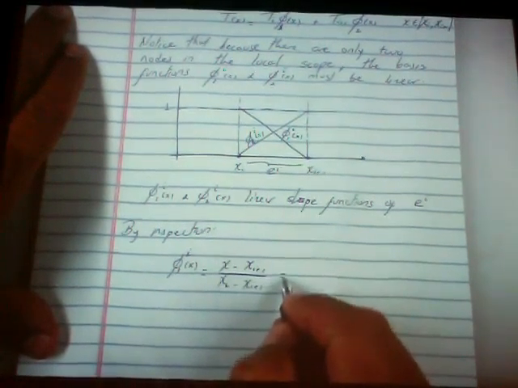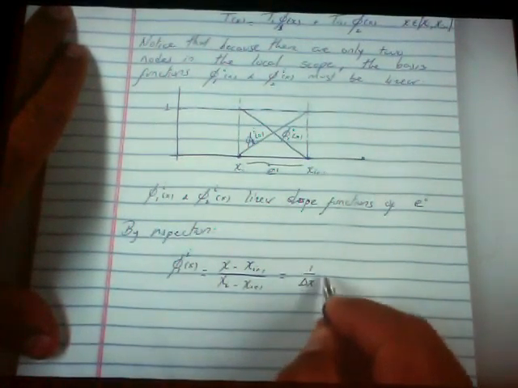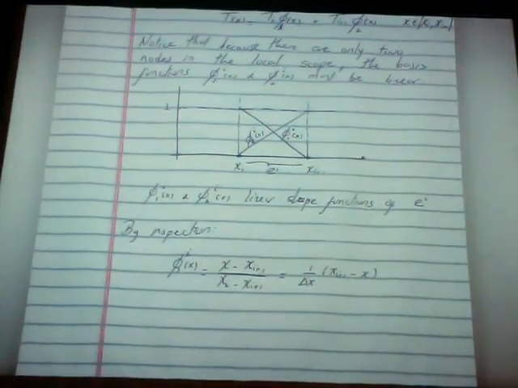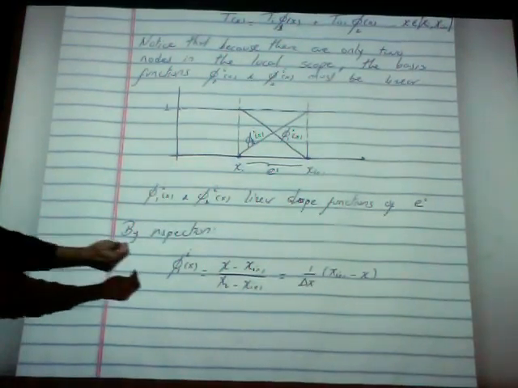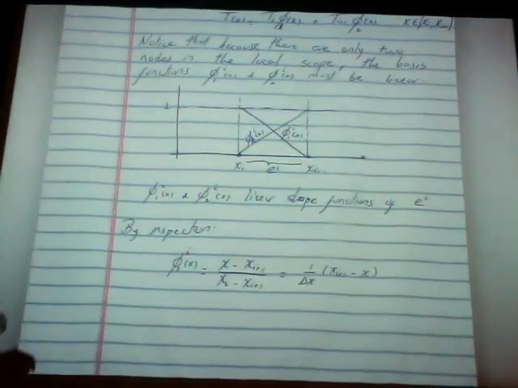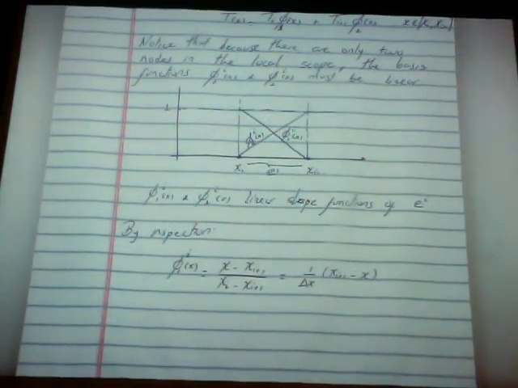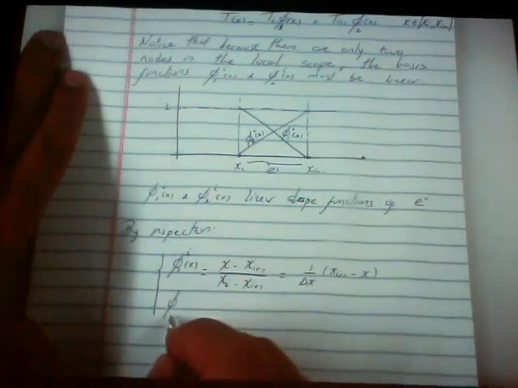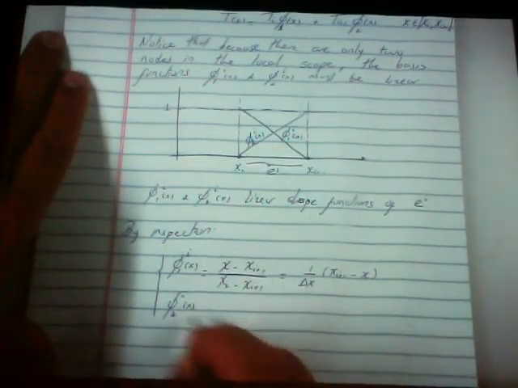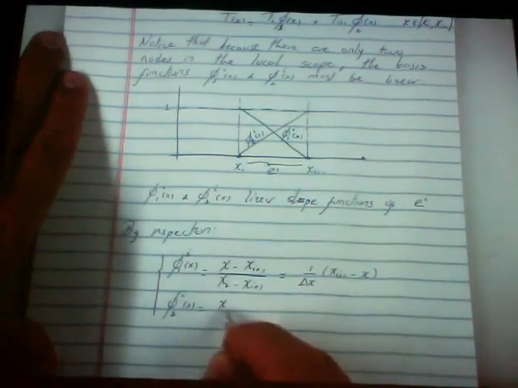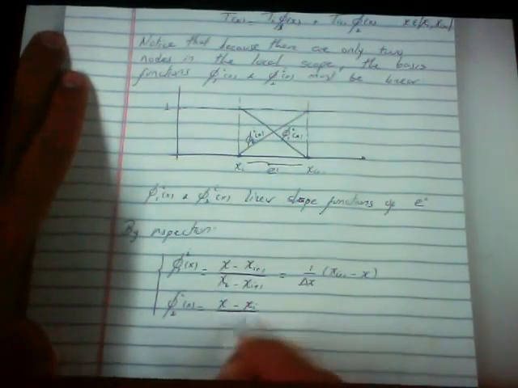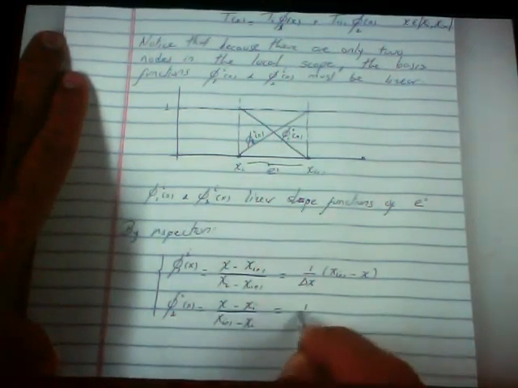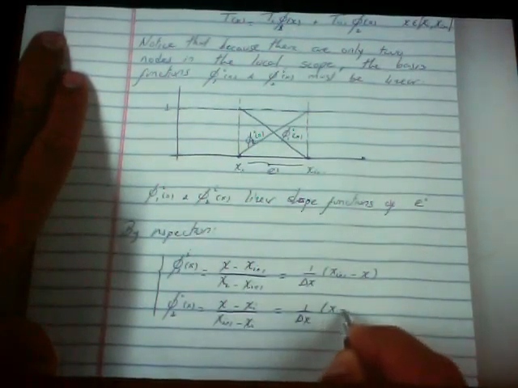And this will basically result in 1 over delta x, xi plus 1 minus x, because this distance here, xi minus xi plus 1, is minus delta x. And similarly, this will be x minus xi divided by xi plus 1 minus xi, which is equal to 1 over delta x, x minus xi.